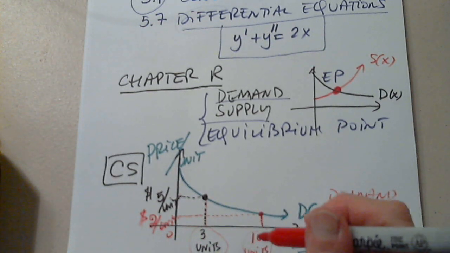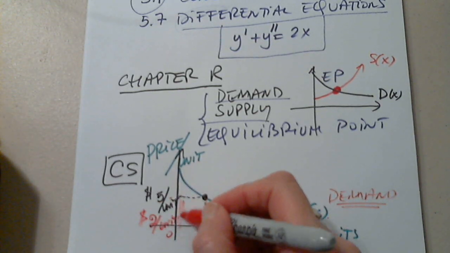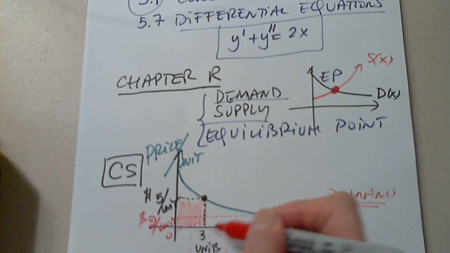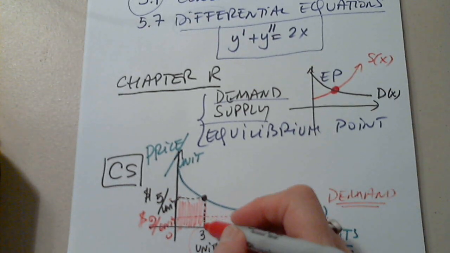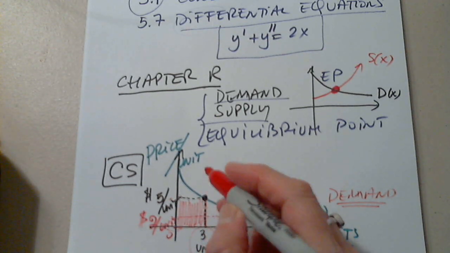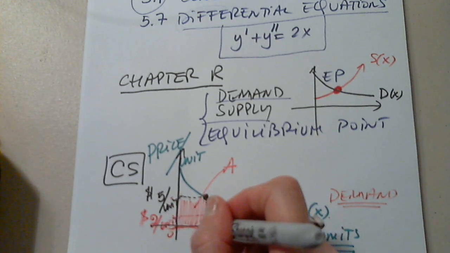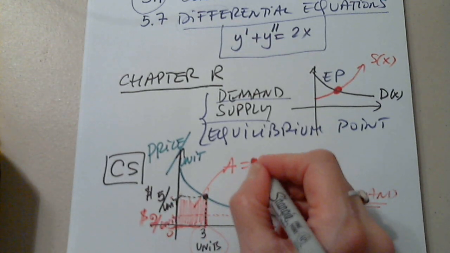How much is the cost? Well, if we buy at $5 per unit, this is the cost, this area. Well, 3 units times the price of 5. Base times height. Base is 3, height is 5. So the area is 15.